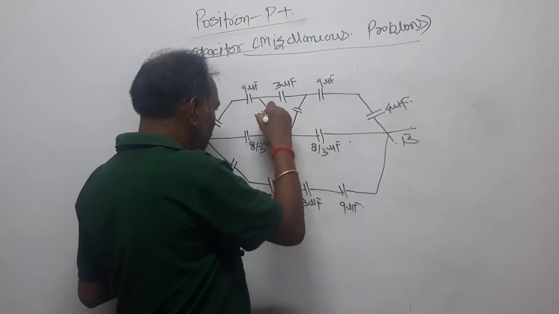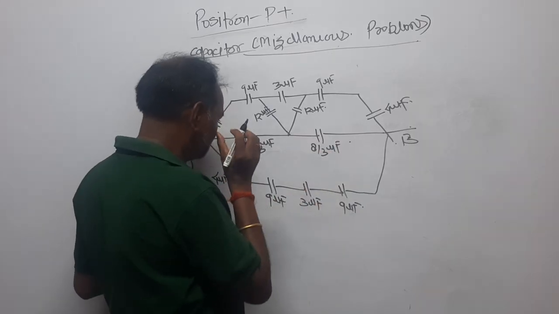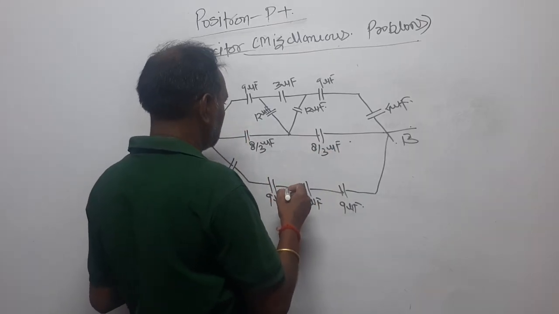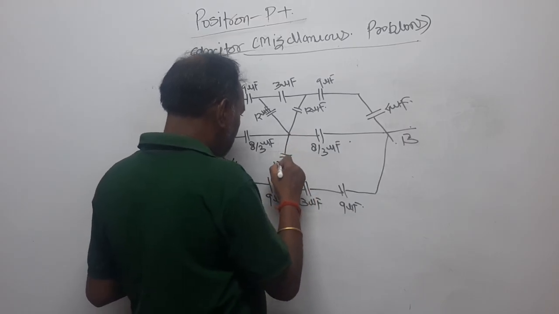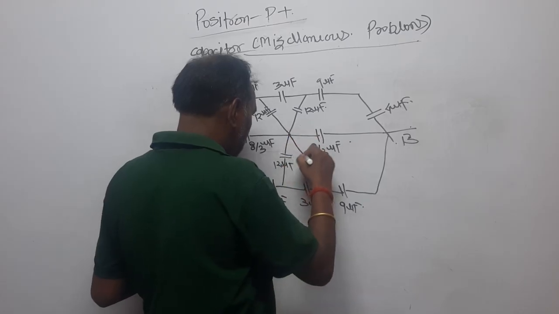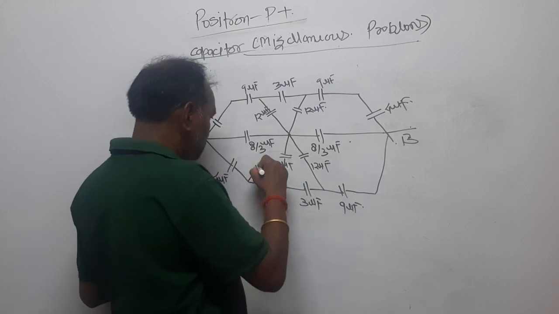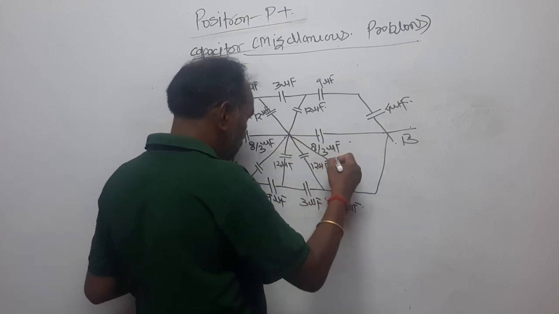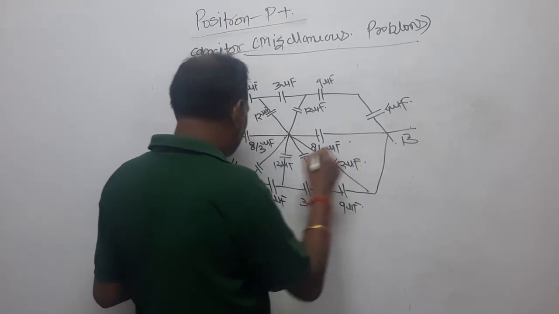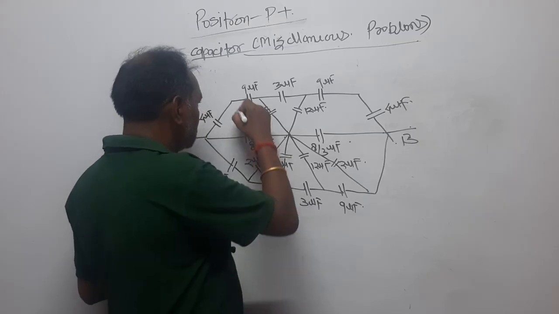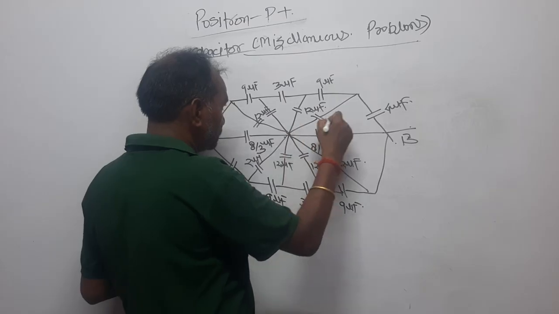These two are 12 microfarad. Similarly, you can write here 12 microfarad. And this is 2 microfarad. Similarly, you can make this 2 microfarad. These two capacitors are 2 microfarad.